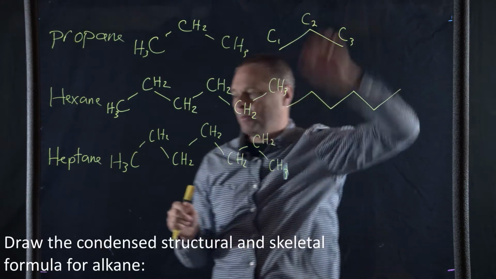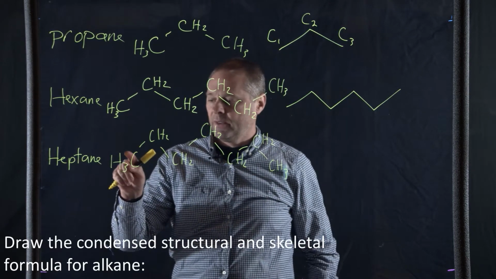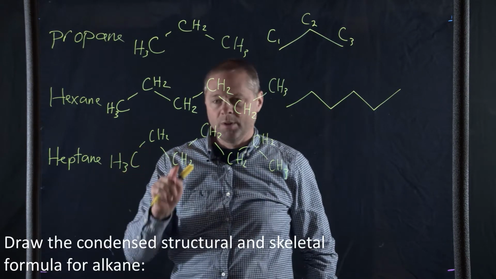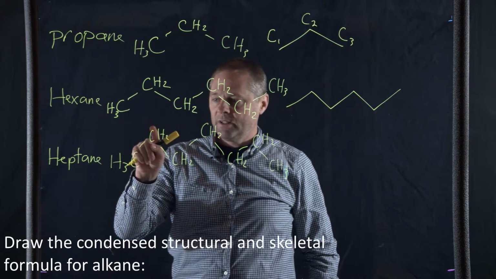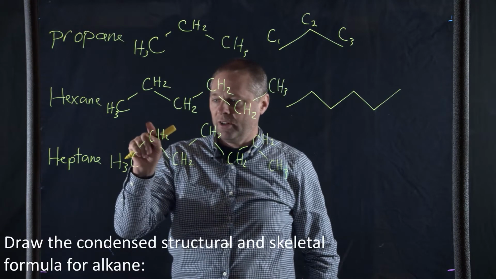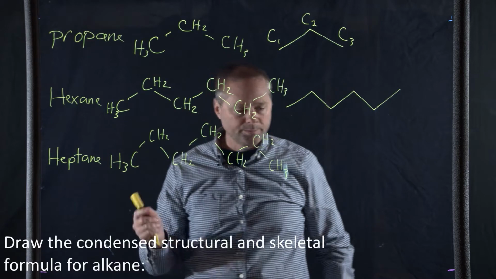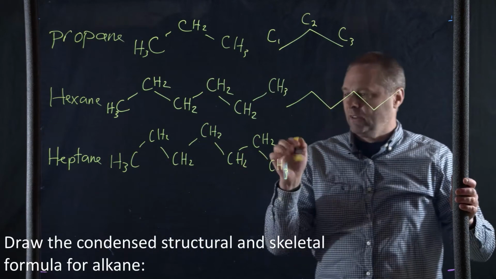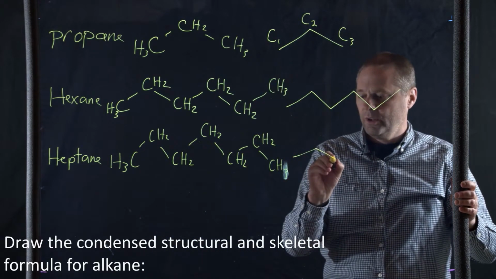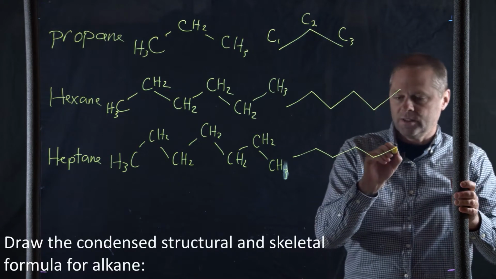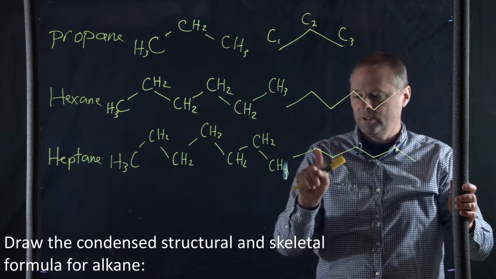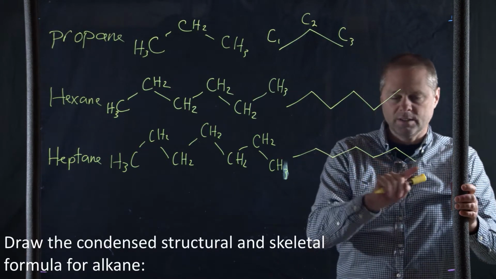Remember, carbon has 4 bonds. So if this carbon is bonded to 3 hydrogens, there's 3, and then there'd be the 4th carbon. This carbon is bonded to 2 hydrogens, so it'd be a hydrogen here, hydrogen there, so it'd be 2 bonds, and then there's 3 and 4. Now the skeletal, that would be 2, 3, 4, 5, 6, now 7. So that's 1, 2, 3, 4, 5, 6, 7.